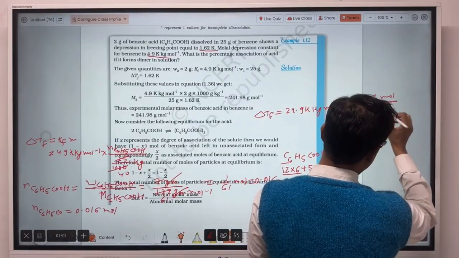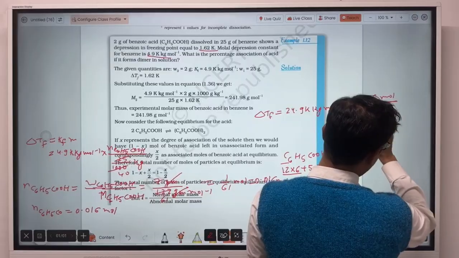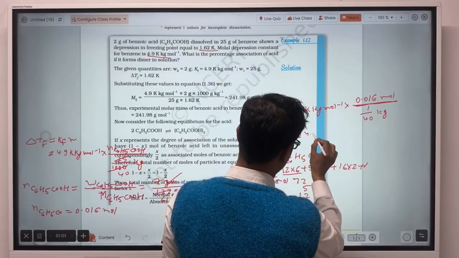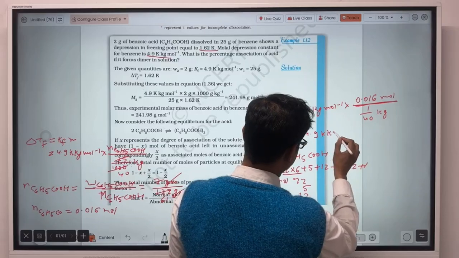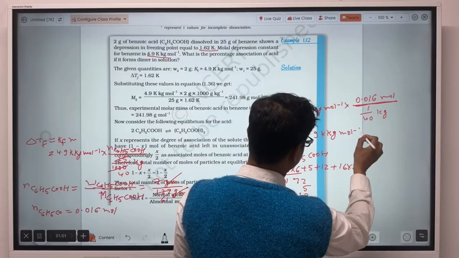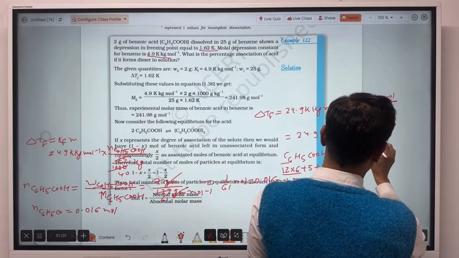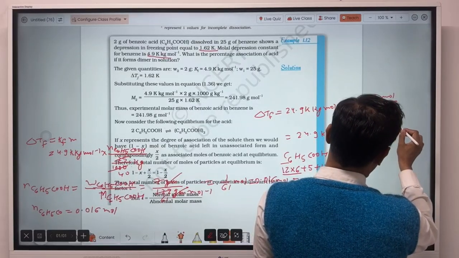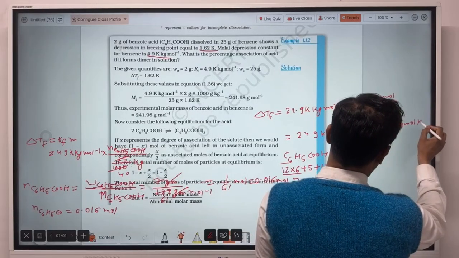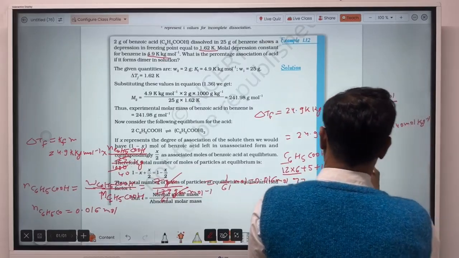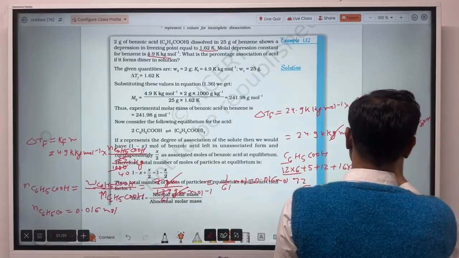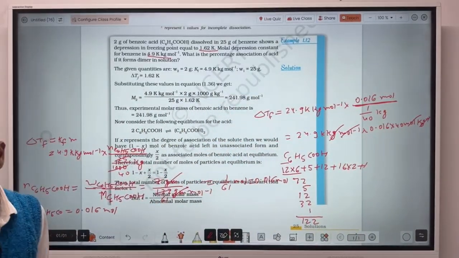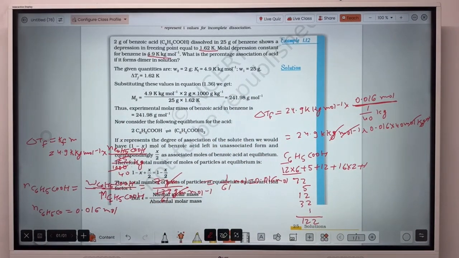This is the main division line, so 40 will go in the numerator. So that will become 4.9 Kelvin kg per mole into 0.016 into 40 mole per kg. Kg cancels out, mole and mole inverse will cancel out. Okay, till here, no problem.